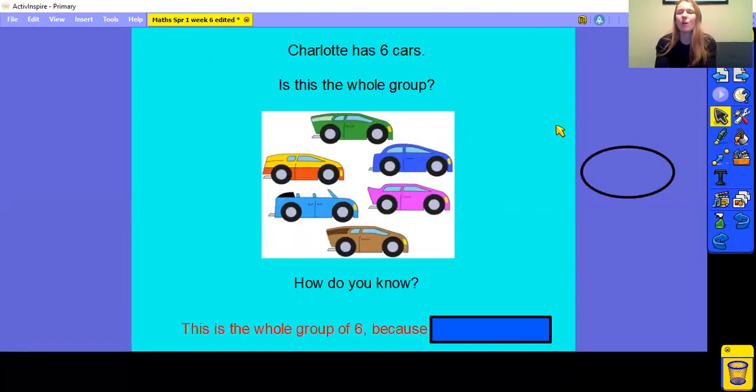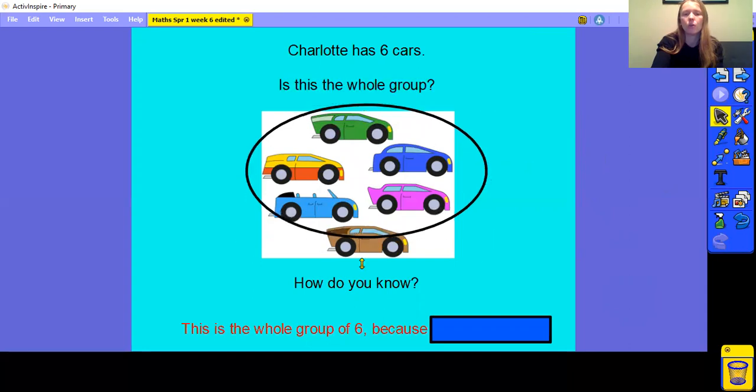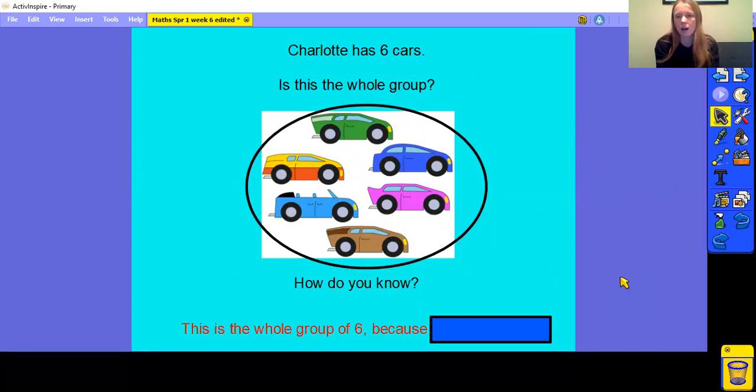Okay, today we're going to be looking at whole groups, but this time we're using amounts. Now, Charlotte has 6 cars, and what I want to know is, is this here the whole group? So is this that I'm putting the ring around the whole group of Charlotte's cars?